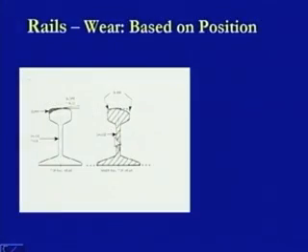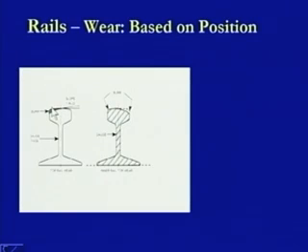Now, coming to another thing, in this case the wear is on the basis of position. What we found is that there is some wear which has taken place at this location. There is a slope provided at this surface which is 1 in 20. In the case of a slope, if there is a continuous movement of the wheels at this section, there is a burning of this section taking place.